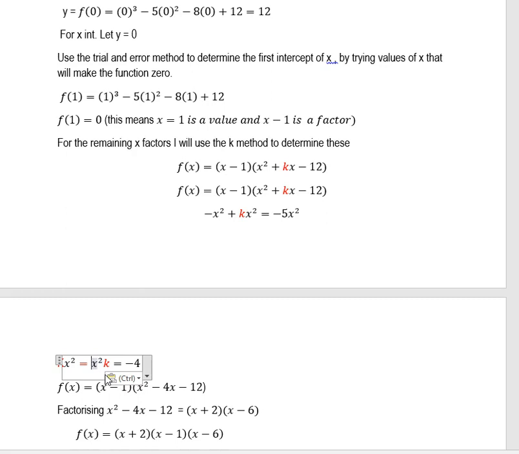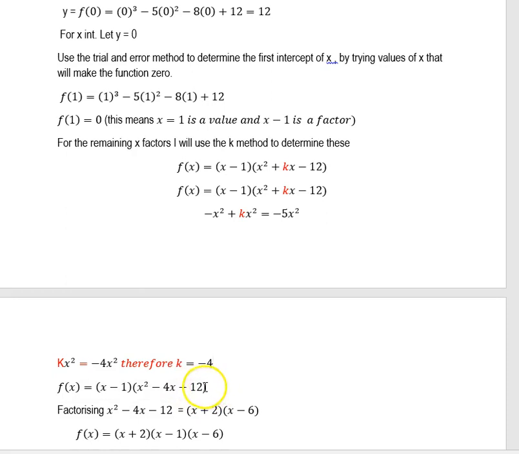Just put it rightly. Minus 4x squared. Now, if you try to solve for x there, you will have k equals minus 4 because the x squared will cancel out. Now, you substitute back your k equals minus 4 there, and so it becomes x squared minus 4x minus 12.